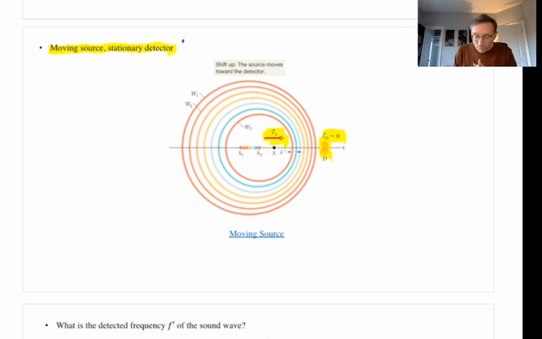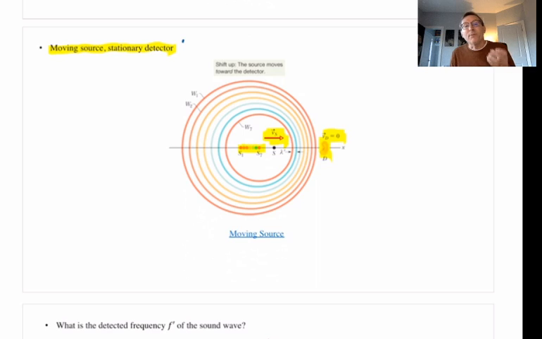Okay. And at some fixed rate, frequency f, that source emits wavefronts. The picture shows 7 successive wavefronts, and the location of the source where it was when each of those wavefronts was emitted. Those are the colored sequence of dots numbered S1 through S7.